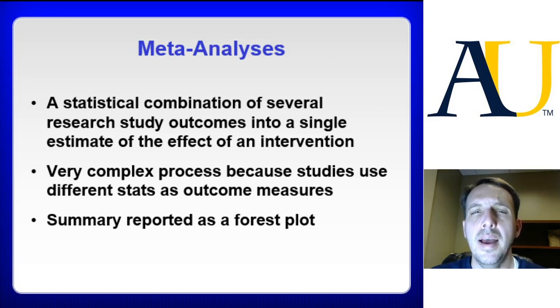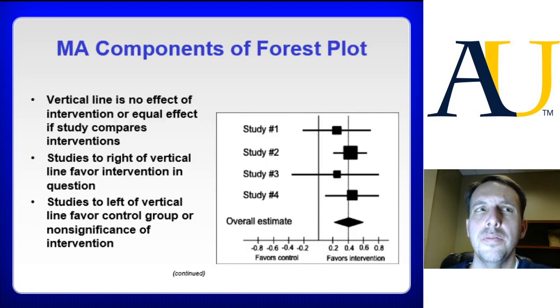And so the meta-analysis is the statistical combination of several research studies, often part of a systematic review. And the main part of a meta-analysis is this forest plot. And the forest plot here is combining all of the different studies into a single graphic and then creating a new statistic out of that.